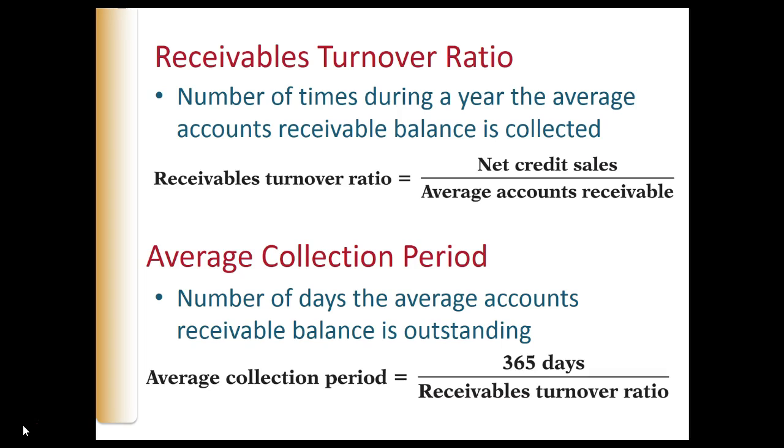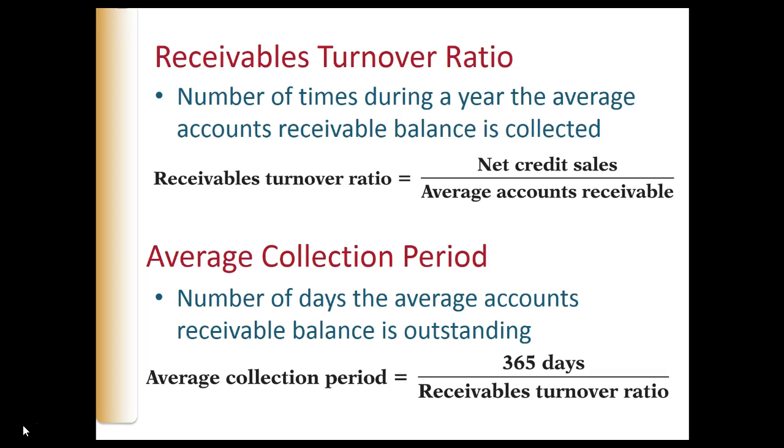The net in net credit sales refers to total credit sales net of discounts, returns, and allowances. The amount for net credit sales is obtained from the current period's income statement. Average accounts receivable equals the average of accounts receivable reported in this period's and last period's balance sheets.